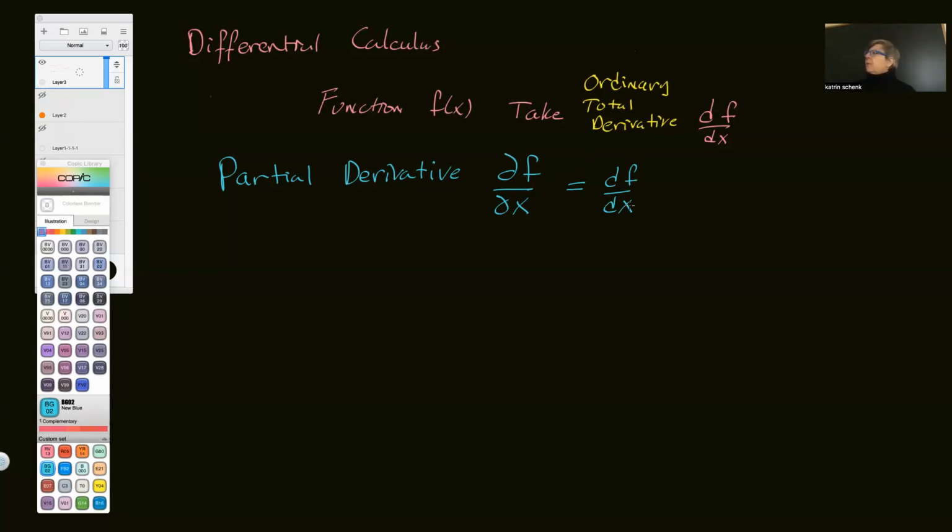You might wonder, what does that thing depend on? The partial is really only used when you have more than one independent variable, like x, y, z. Does this make sense? So always write it as the total, but in the case where it only has one variable, it's the same. So partial derivative is in contrast to total derivative.